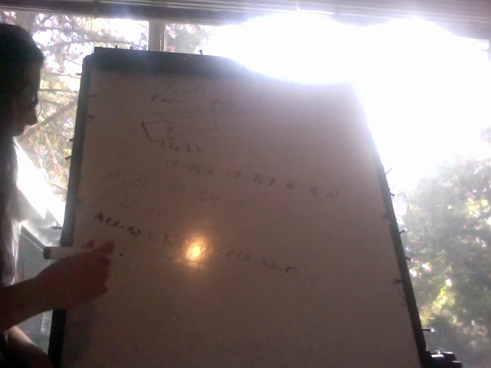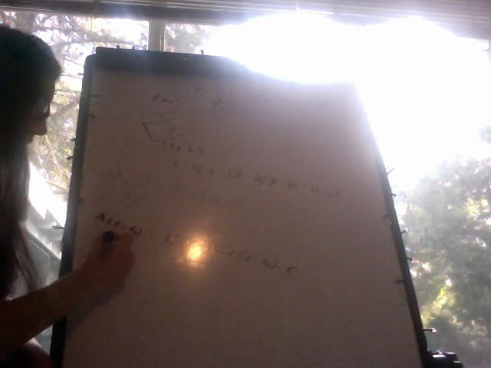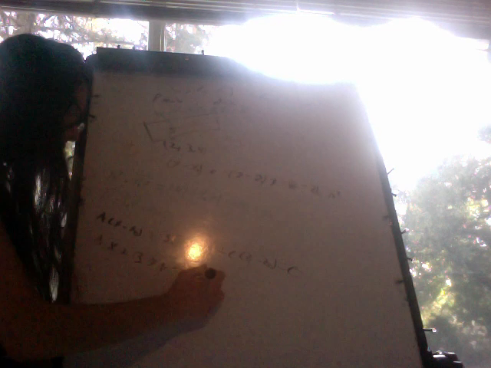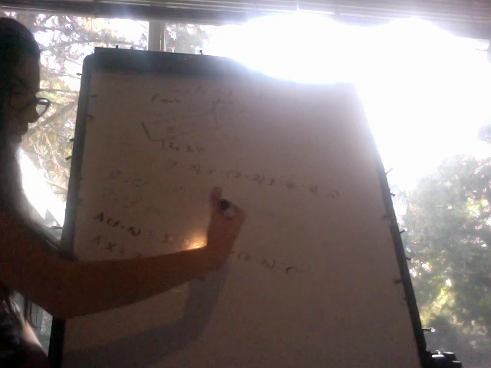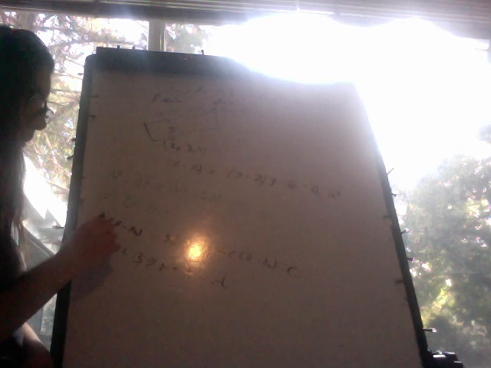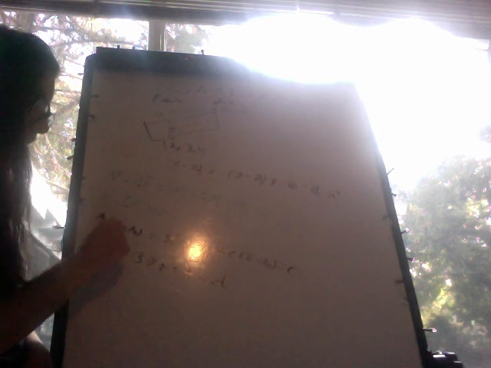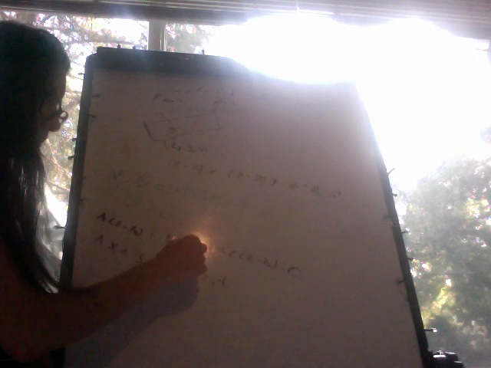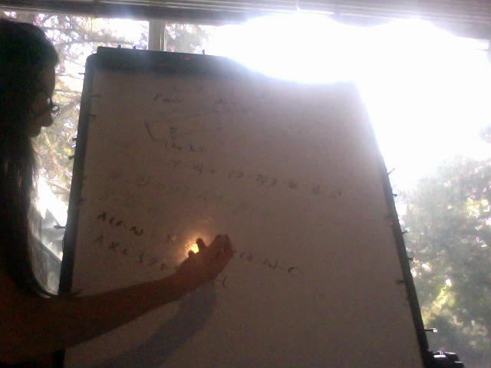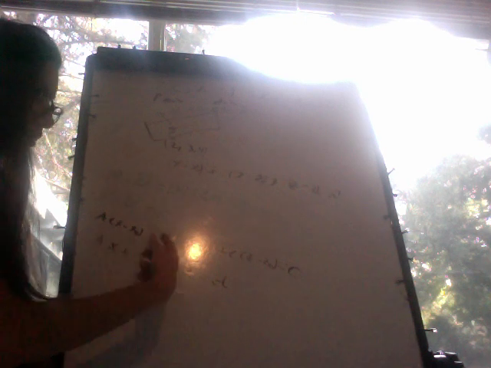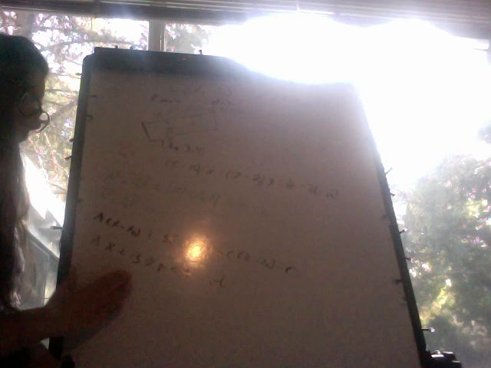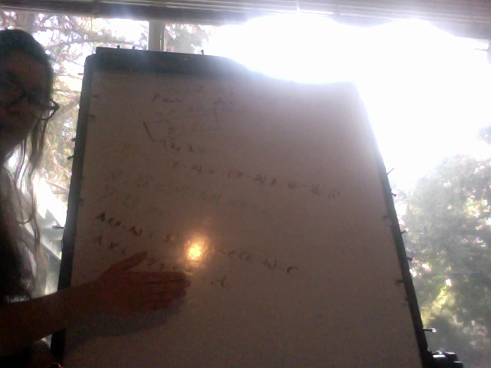So at the end we have ax plus by plus cz equal to some constant d. This is an equation of a plane.